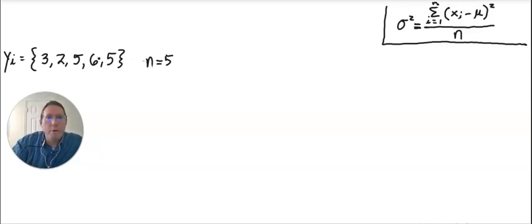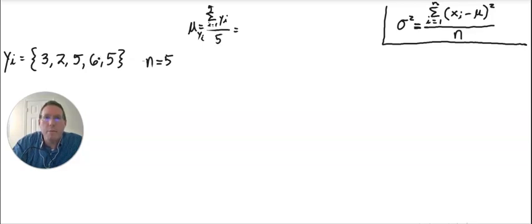Okay. So in order to do this, we first need the mean of y sub i. To find that, we need to sum up all the elements from 1 up to 5 of y sub i, and then divide by 5.